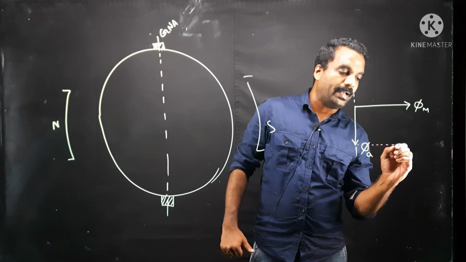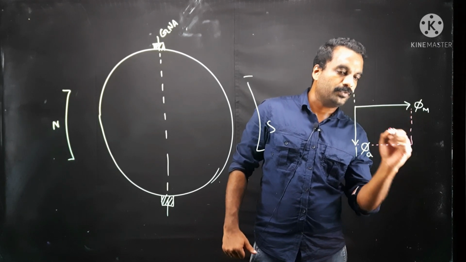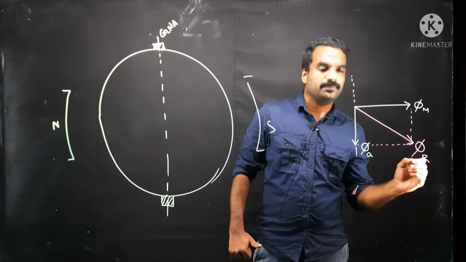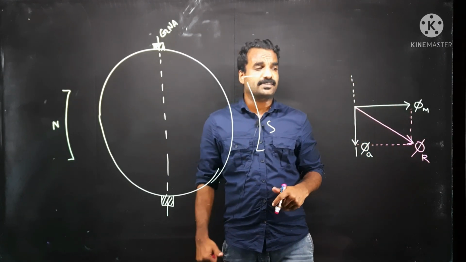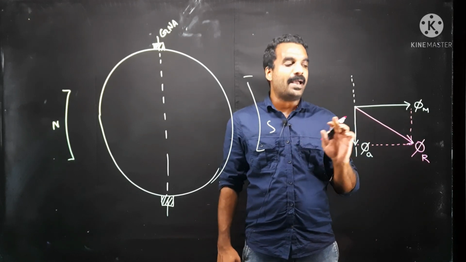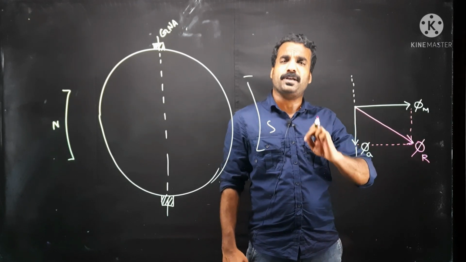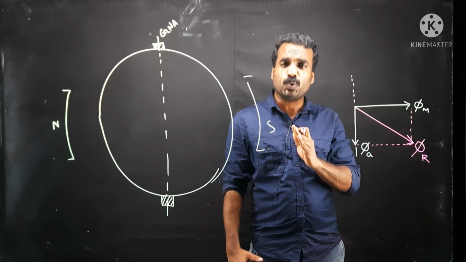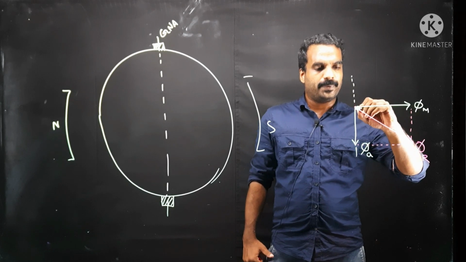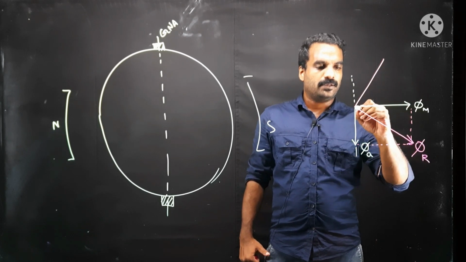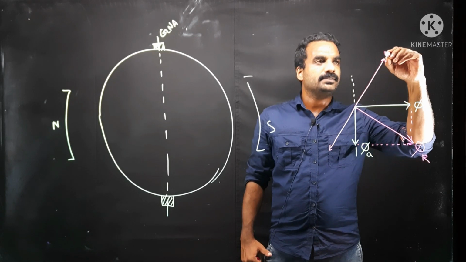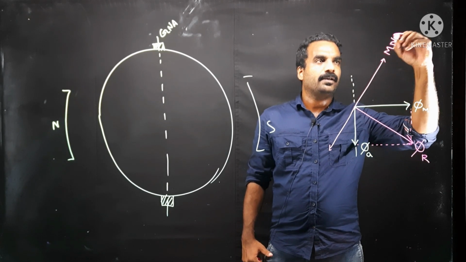We can construct a parallelogram to find the resultant of phi m and phi A. This is phi r, the resultant flux. So where will the new MNA be? The magnetically neutral axis should always be perpendicular to the resultant flux. So you have to draw a perpendicular line. I hope this is perpendicular. This is our new MNA.